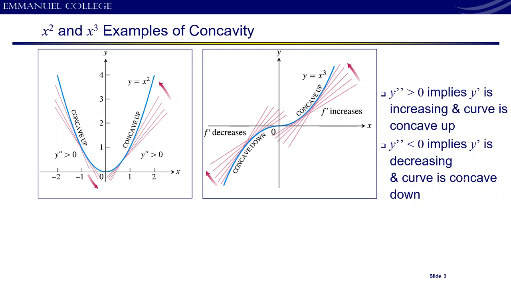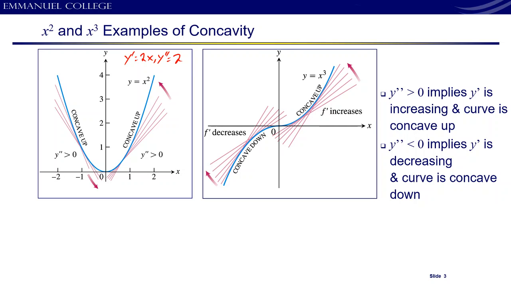This is a much better demonstration than my attempted sketch. So x squared is a function that's always concave up, because if we take its derivatives, y prime is 2x and y double prime is just positive 2. So this function is concave up everywhere because the second derivative is positive at every point.